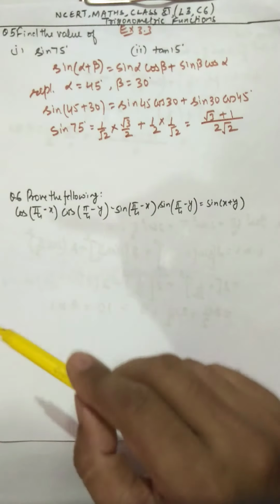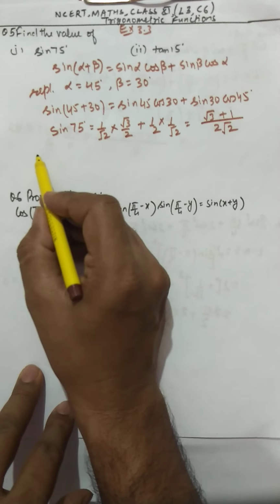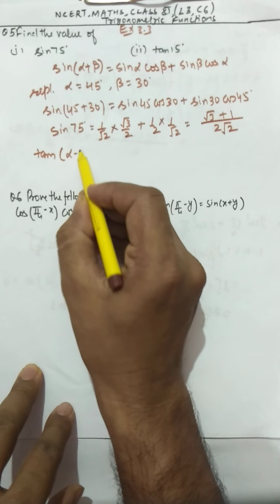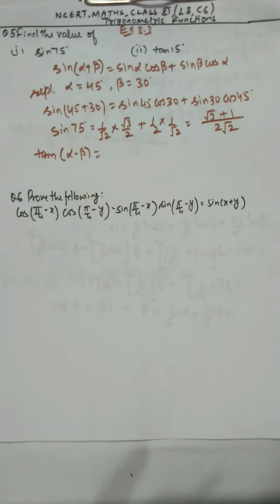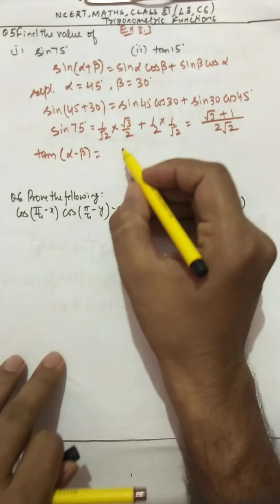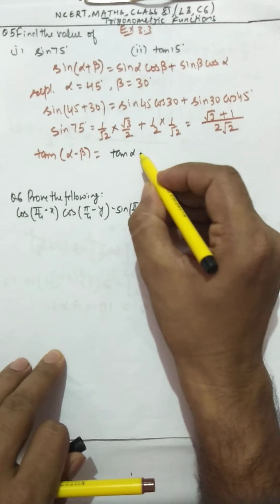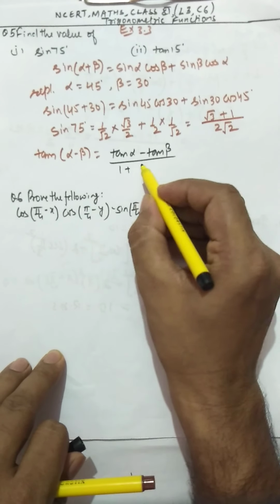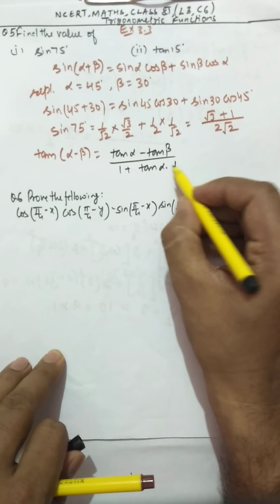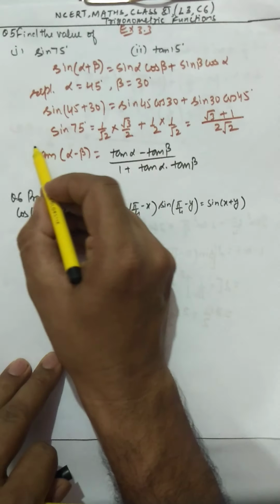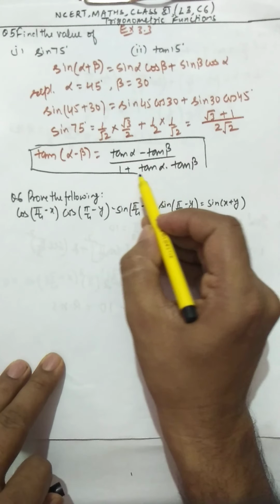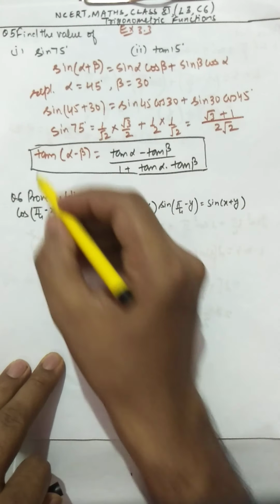Now for the next question, second part, the hint is you have this formula: tan alpha minus beta is tan alpha minus tan beta upon 1 plus tan alpha into tan beta. So this is the formula in terms of tan.